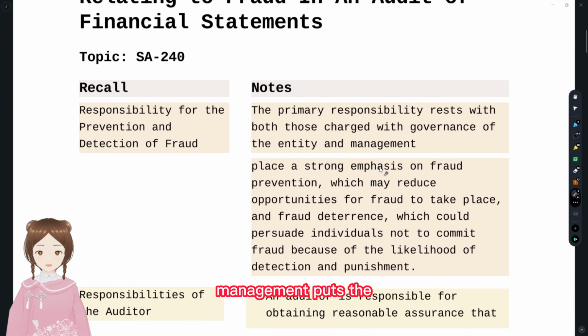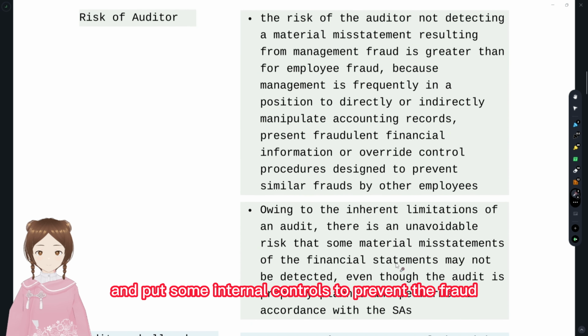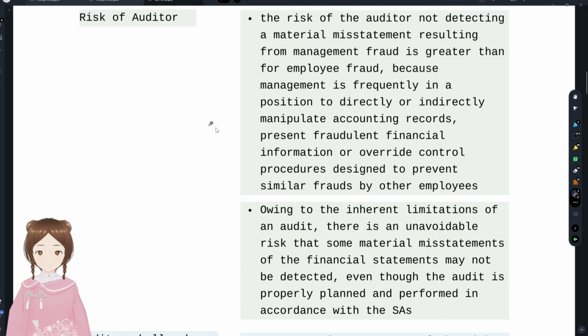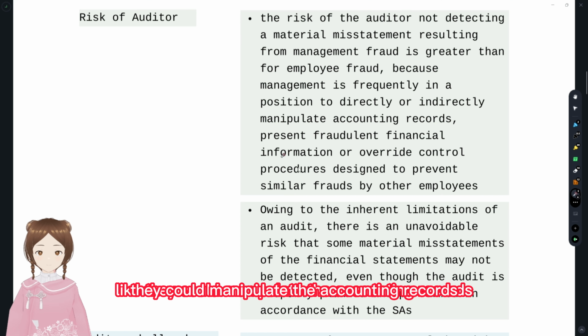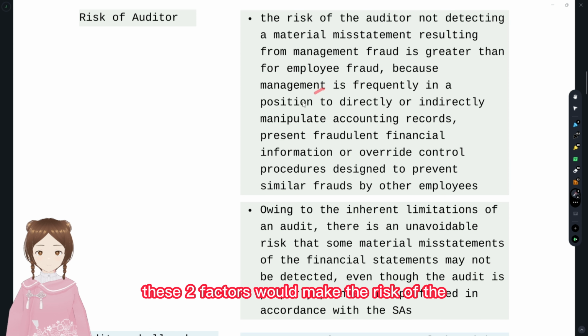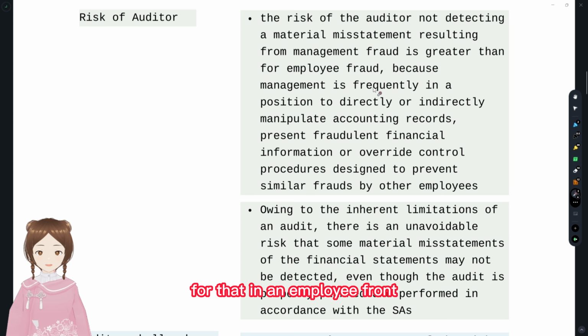Management puts strong emphasis on fraud deterrence and puts internal controls in place to prevent fraud, and they alone can override such controls. These two factors, that they could manipulate the accounting records and override the controls, make the auditor's detection risk greater in case of management fraud than in employee fraud.